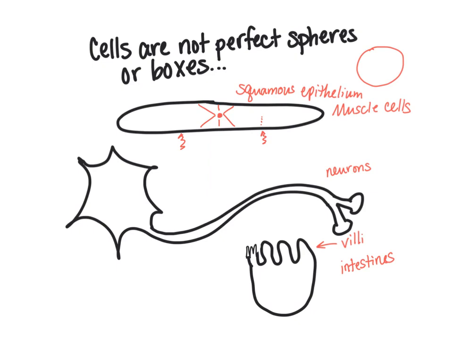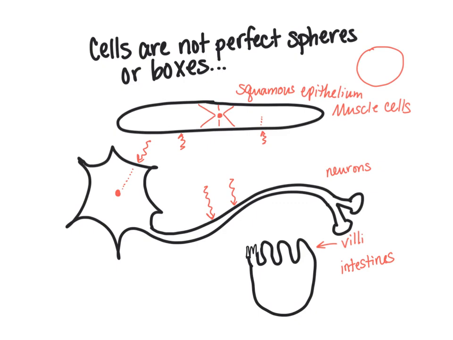Same thing with neurons, is that no part of the neuron is very big. So they're these kind of like long, skinny cells, and they have these cellular extensions. So once again, as nutrients are trying to get into the cell and get into all parts of the cell, they can get to the middle of the cell pretty quickly and efficiently.